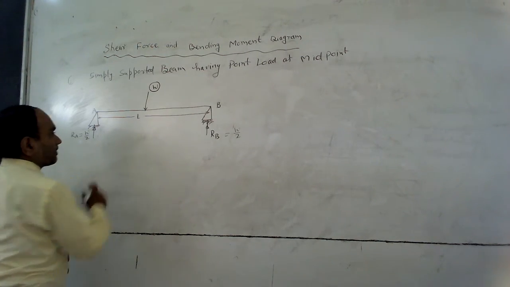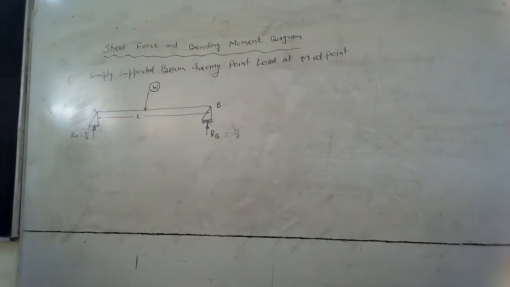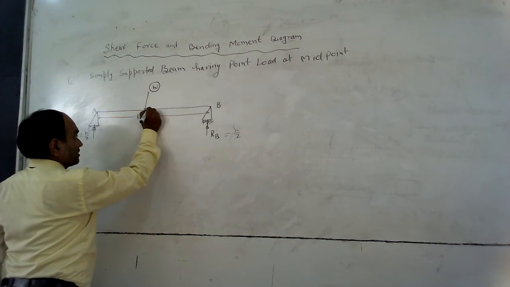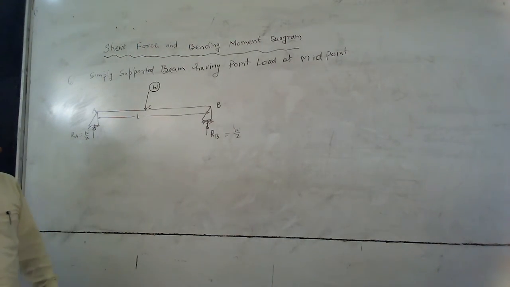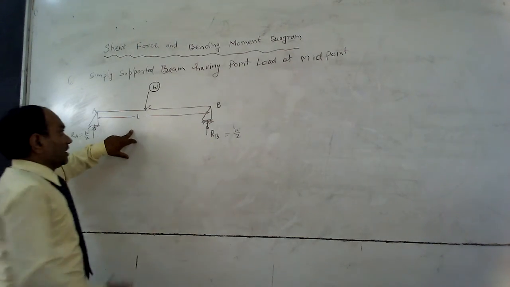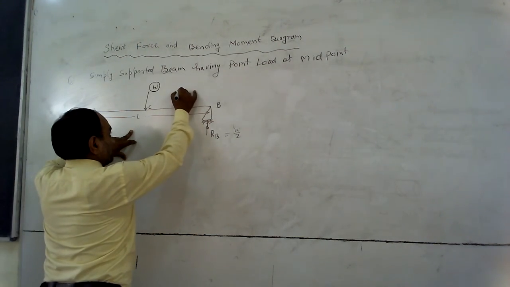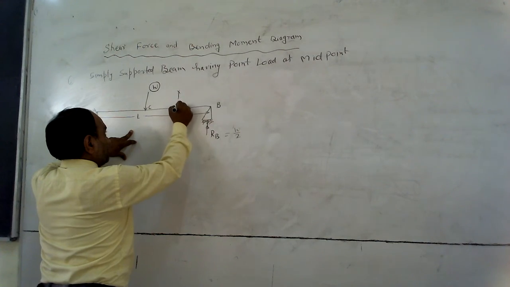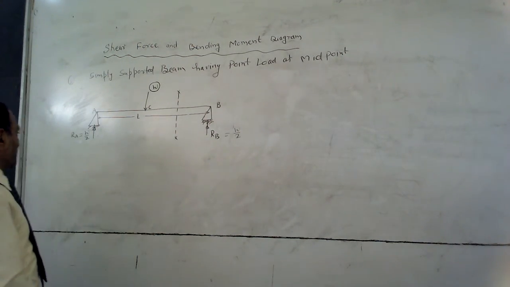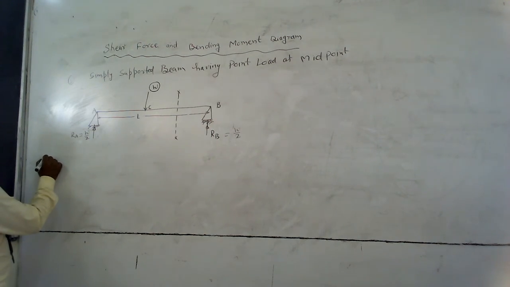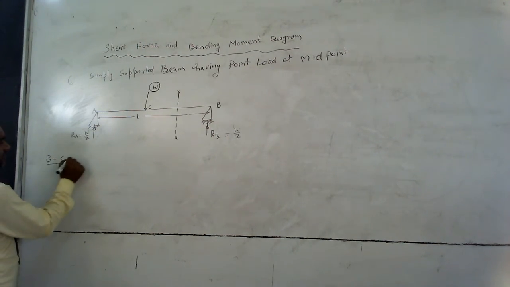Now let's suppose this is point C, at which the point load is acting. Now we take a section XX in the portion BC. So consider portion BC.